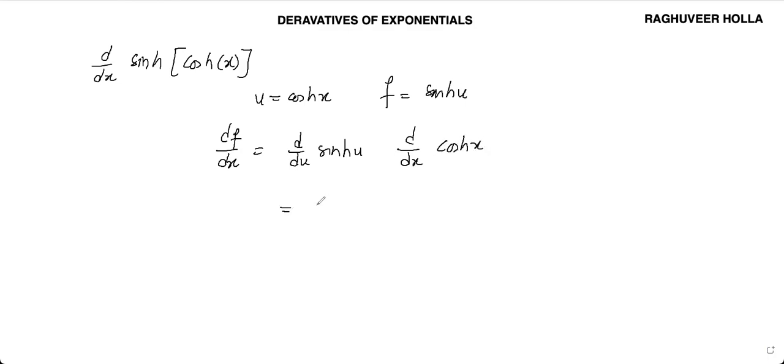So this is cosh u sinh x, which is equal to sinh x cosh of cosh x. And keep in mind that cosh of x has x inside its argument, so this isn't a multiplication.